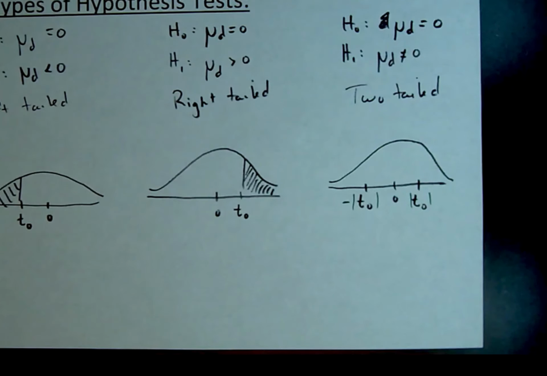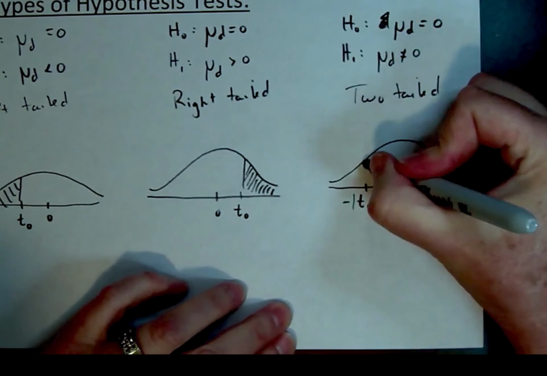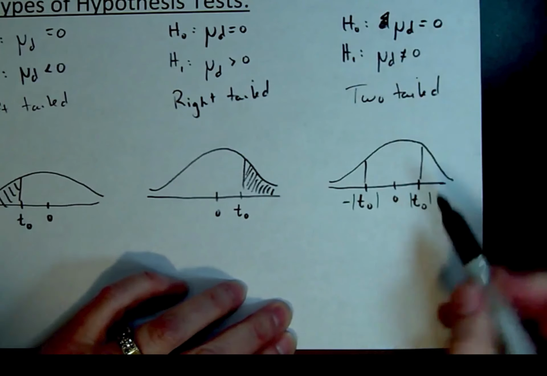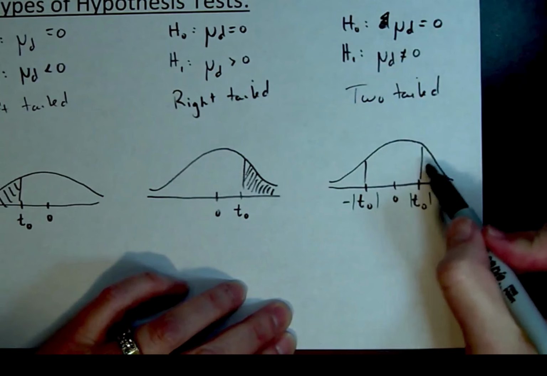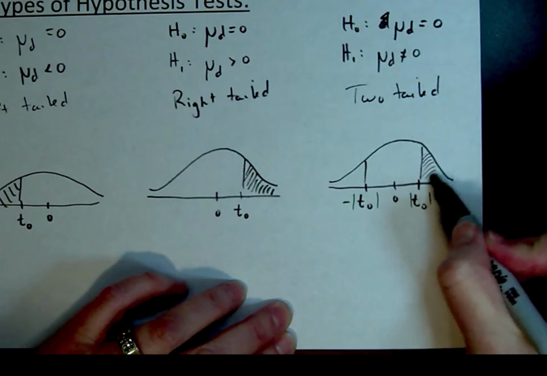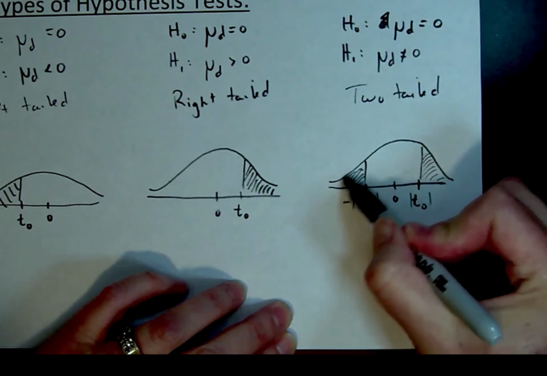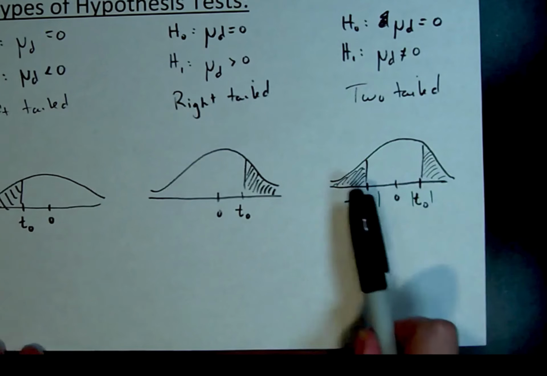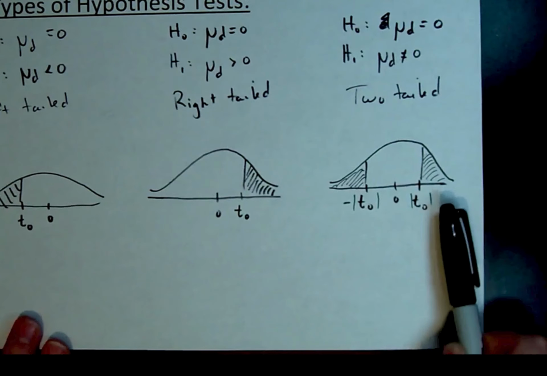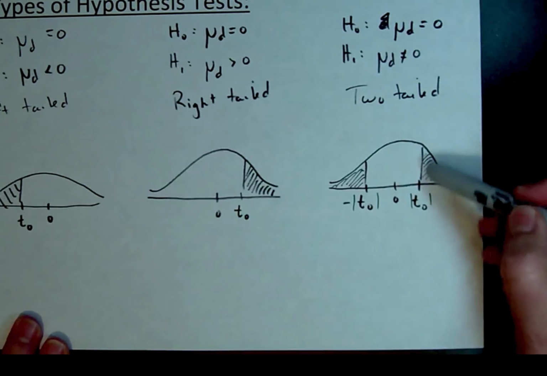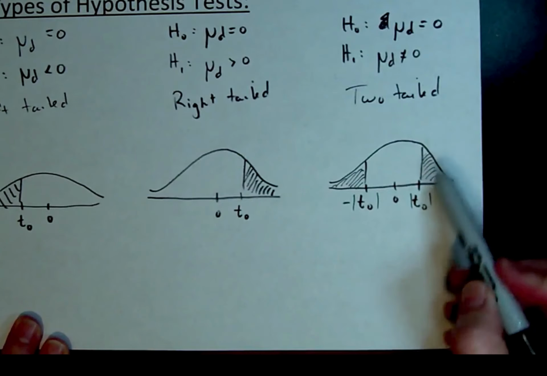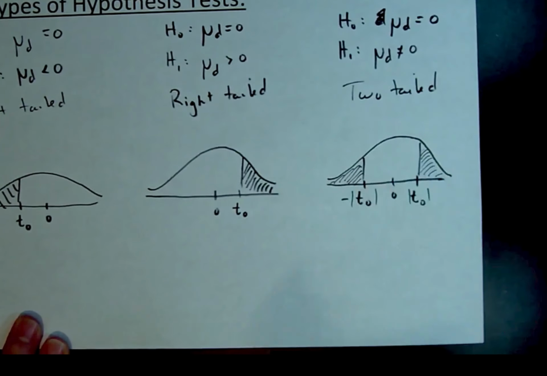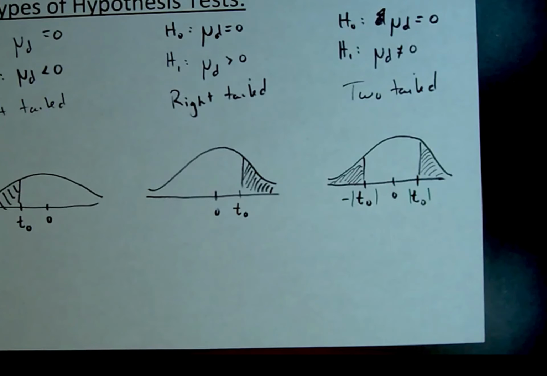And with a two-tailed test, then you're looking for the probability of being a certain distance away from the mean, from the middle. So you're looking for area out to both sides. And these areas are the same. I'm sorry, I'm not good at drawing things that are not lopsided. So in the picture, it looks like there's more area here, but these are actually exactly the same shape for the t distribution.